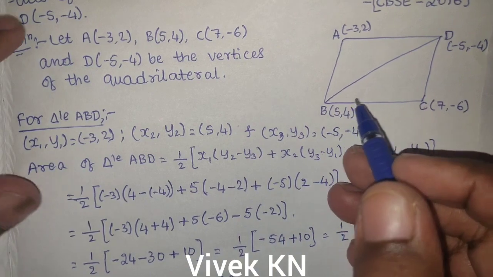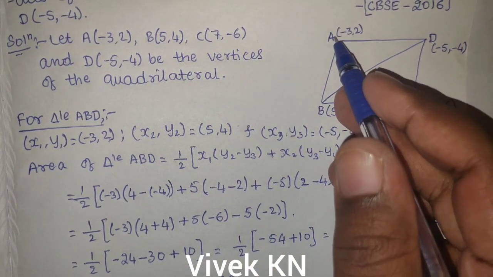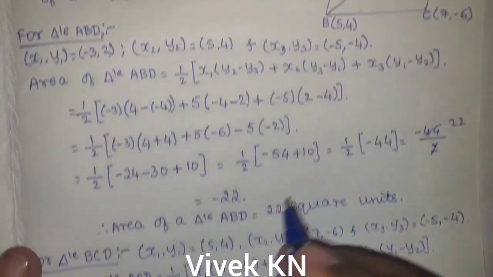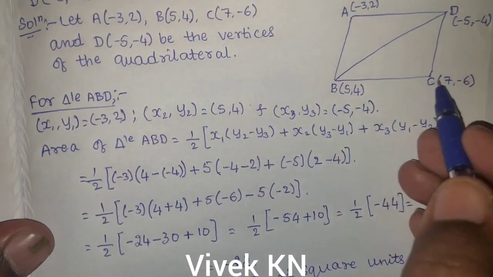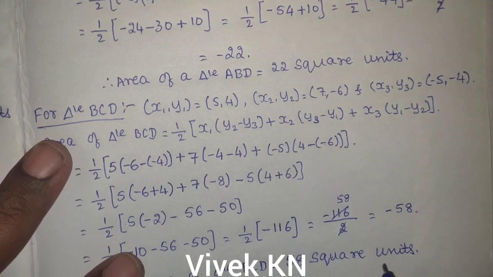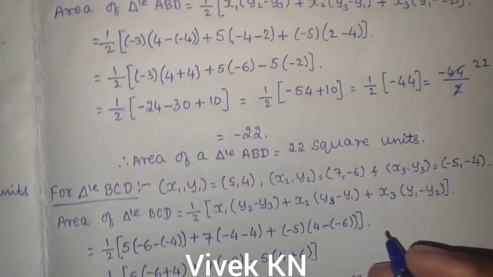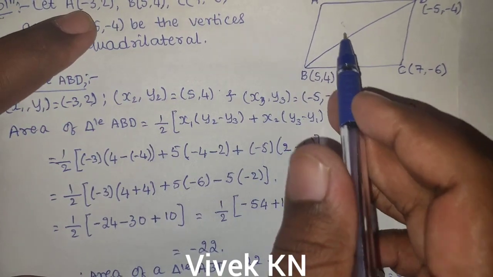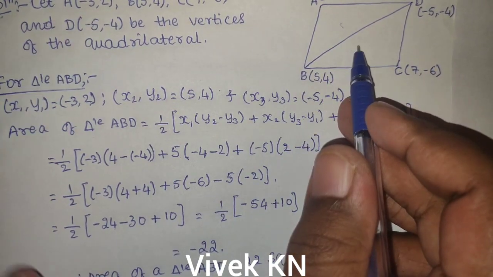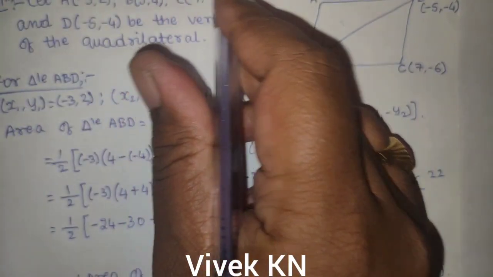Here we have calculated both the area of triangle ABD, which is 22 square units, and the triangle BCD, which is 58 square units. Okay, now by adding both these areas of triangle, we can easily find out the area of quadrilateral.